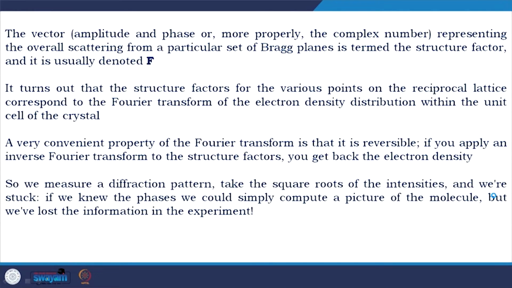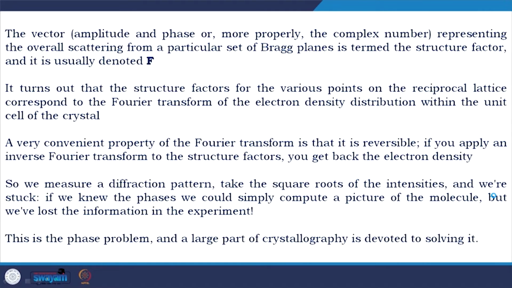So, we measure a diffraction pattern, take the square root of the intensities, and we are stuck. If we knew the phases, we could simply compute a picture of the molecule, but we have lost that information through our experiment.